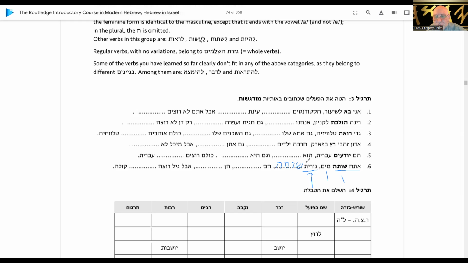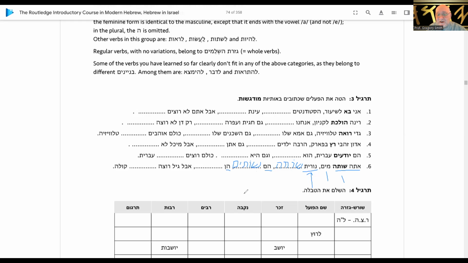Okay, so Norit, shota. Hem, they are drinking. So that's going to be shotim. Okay, so hem shotim, they are drinking. Hen, now notice this hem is a mixed plural.